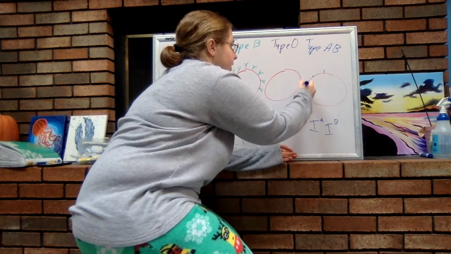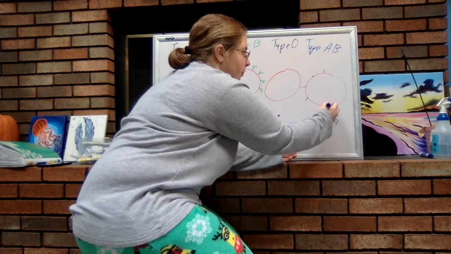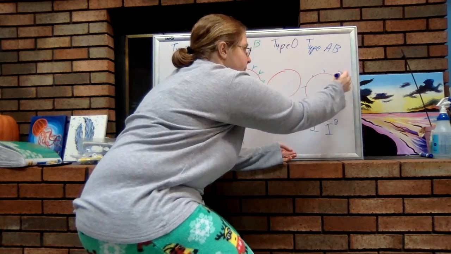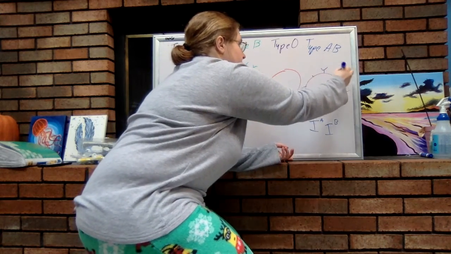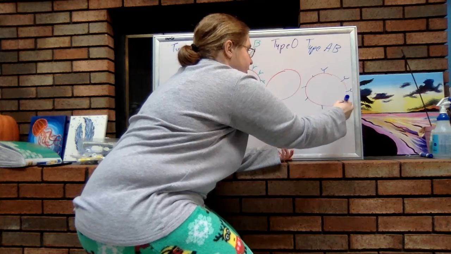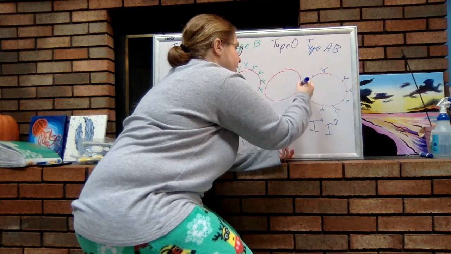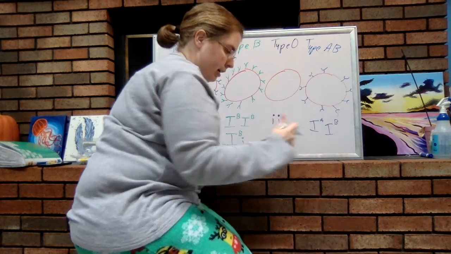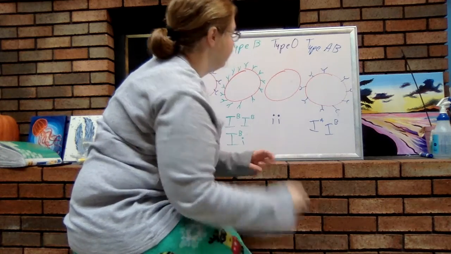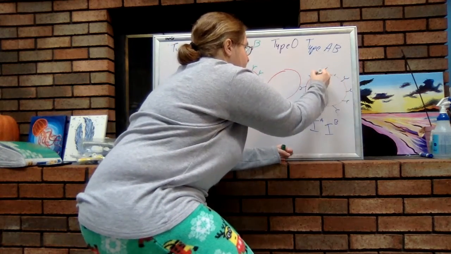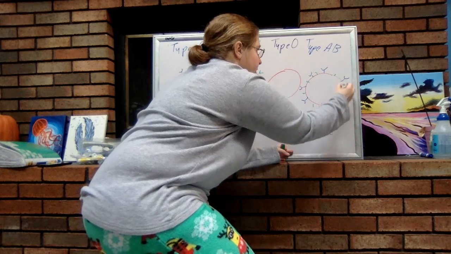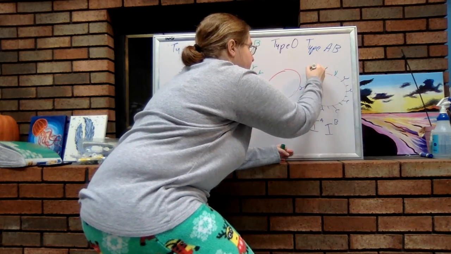Because remember, in codominance, both of the dominant alleles are being expressed. So there's the A receptors, and then we also have the B receptors.